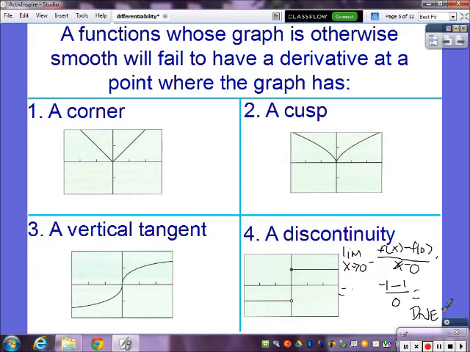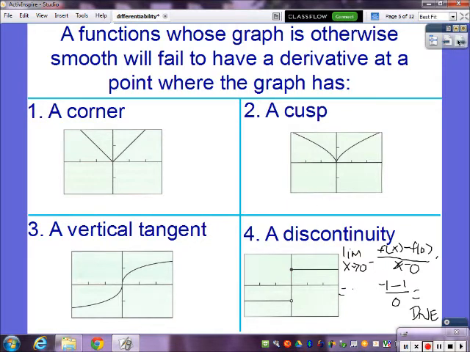So even though visually we could argue the slopes are the same, by definition, using the limit format, we find out that actually the derivative does not exist at a discontinuity because our limits may not exist, either from the left or right or both. So bottom line, a function is not differentiable at a corner, a cusp, a vertical tangent, and a discontinuity.